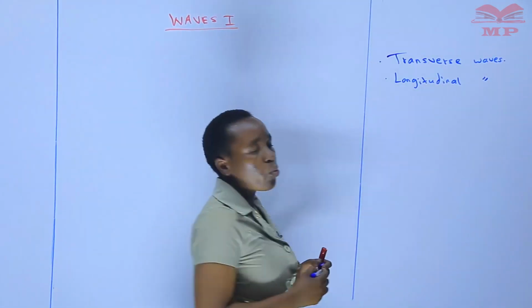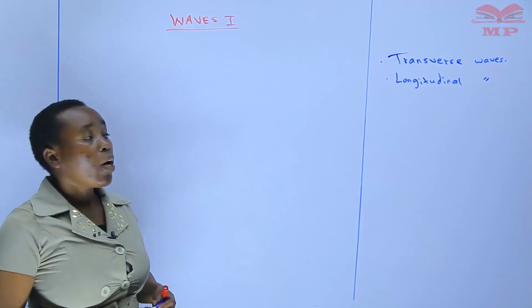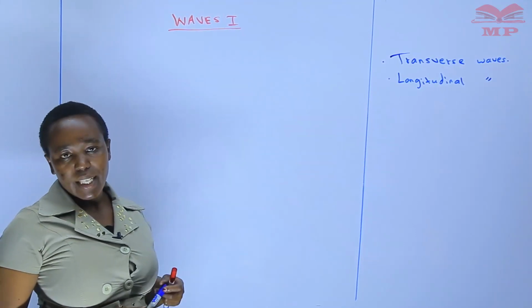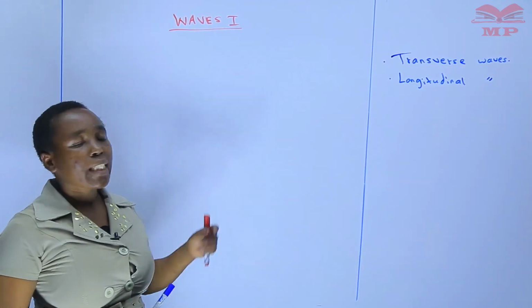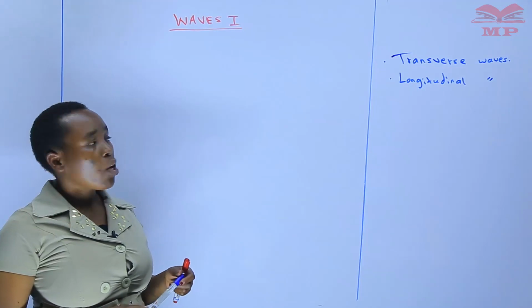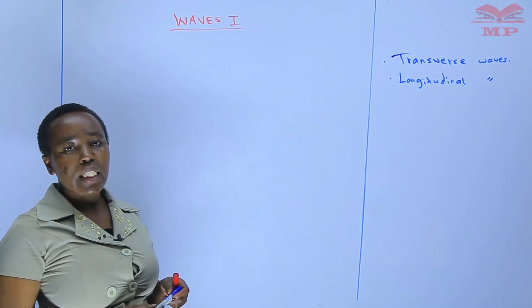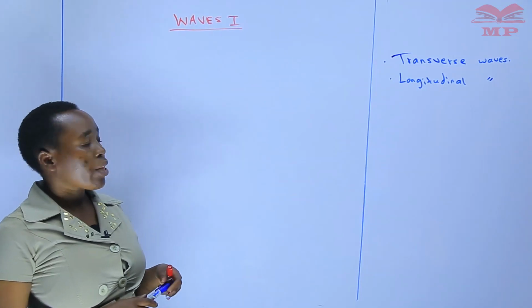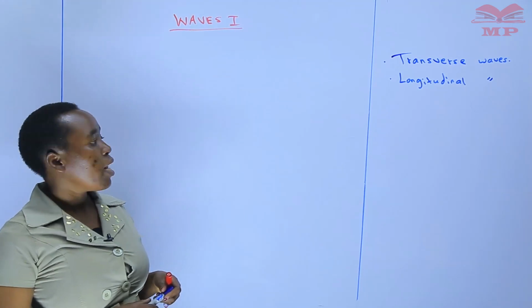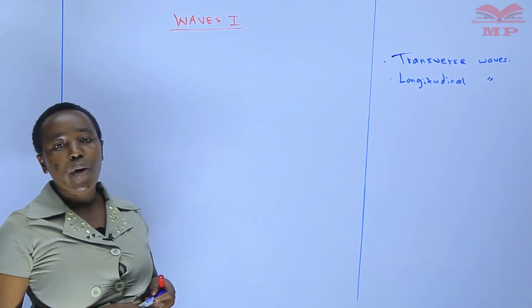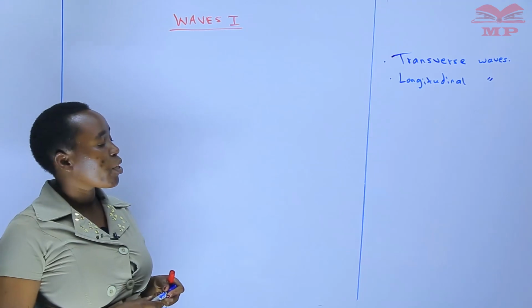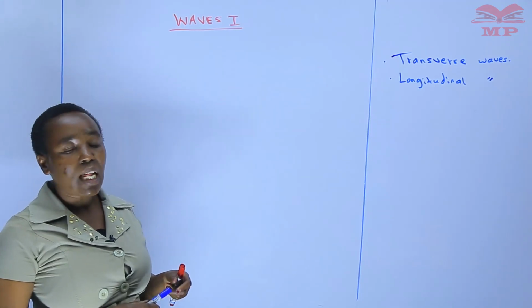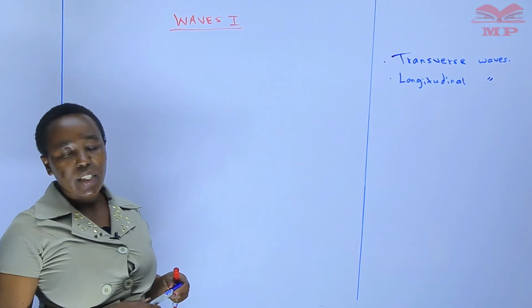And we were able to distinguish between the two, and we were also able to give examples. We say transverse waves are waves whose vibration of particles is at right angle with the direction of wave travel, whereas longitudinal waves are waves whose vibration of particles is parallel to the direction of wave travel.